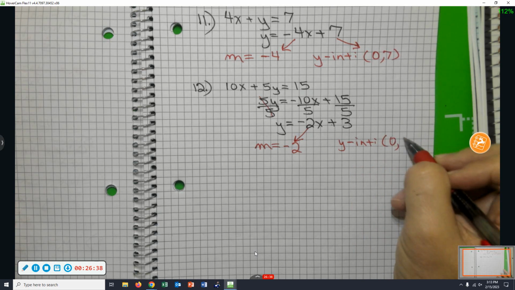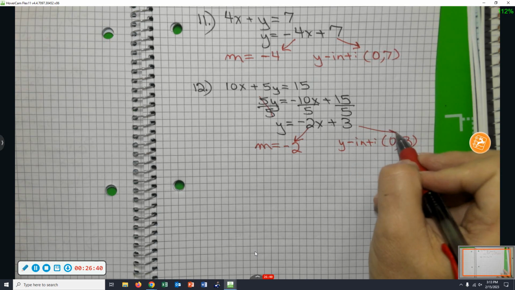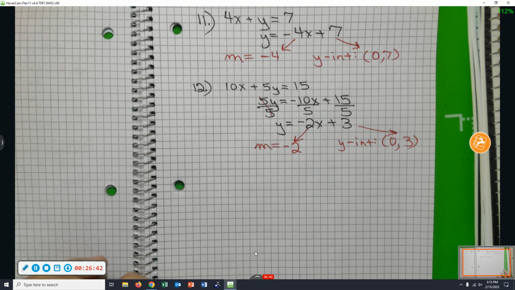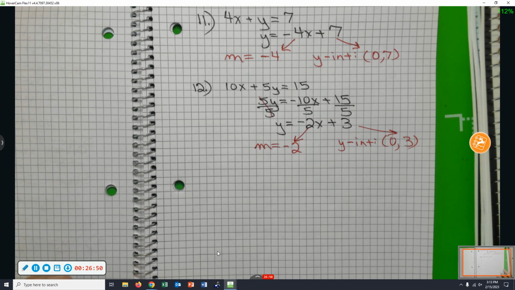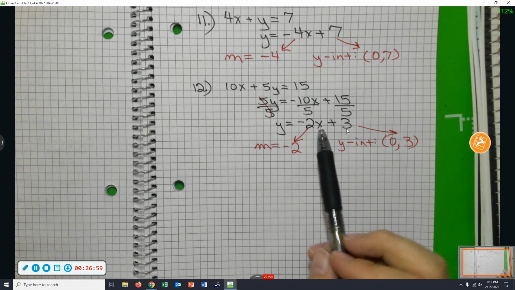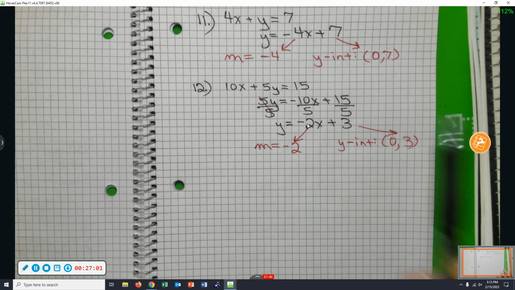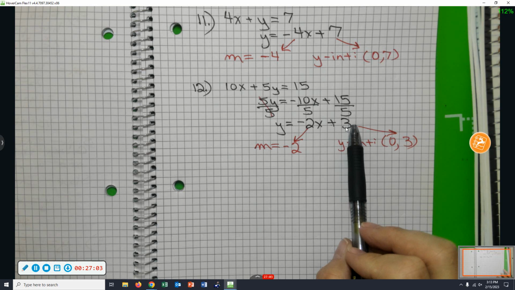Okay, (0, 3). The 3 is used for the y-intercept. If you find an algebra book prior to the 90s, they used to define the y-intercept as just a number, not an ordered pair. And the reason they did that is because then we'd be able to say negative 2 is the slope, 3 is the y-intercept.